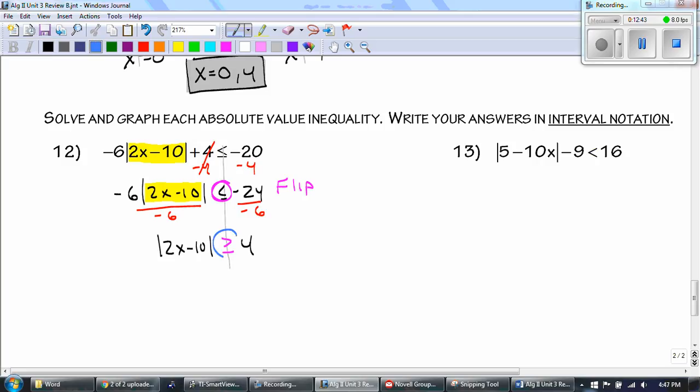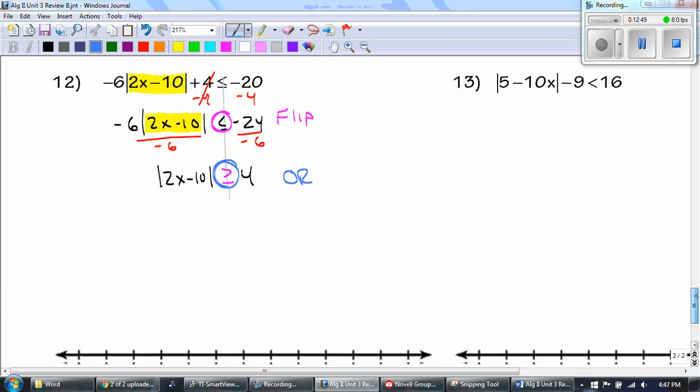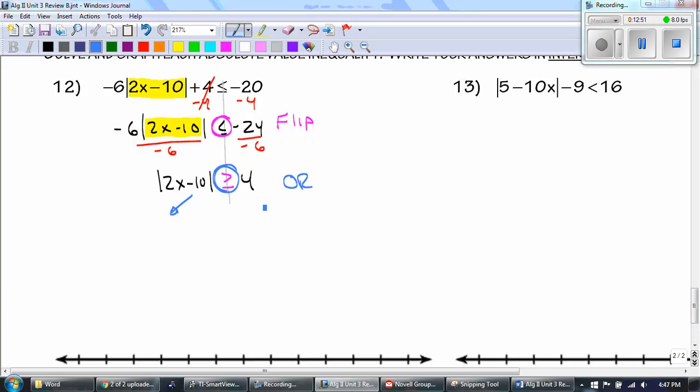Okay? And this symbol means greater. All right? So greater means I'm splitting it up into 2. I put the or in the middle. And then I have 2x minus 10 less than or equal to negative 4, or 2x minus 10 greater than or equal to 4. And then I have to go through and solve each one. Okay? So I'm going to add 10.